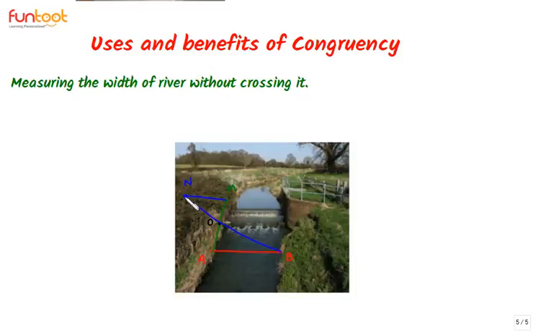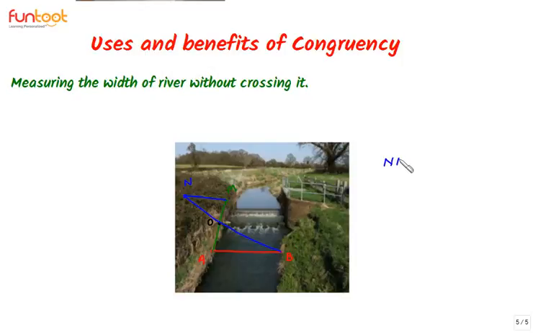When we do this, then length MN will be equal to the width of the river AB. How does this work? Well, by rules of congruency, we can prove that triangle NMO and triangle OAB are congruent to each other, and when they are congruent, their size will be the same, and when their size is the same, their sides will be of the same length.